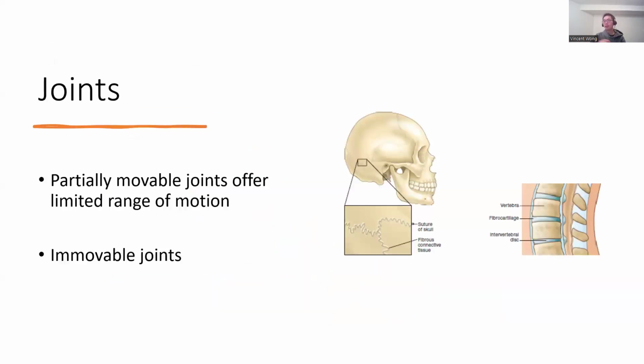In addition to movable joints, we also have partially movable joints. Partially movable joints have very limited range of motion, and you will find them at the backbone. So this is the vertebrae. Okay.